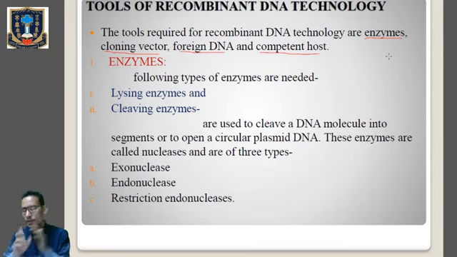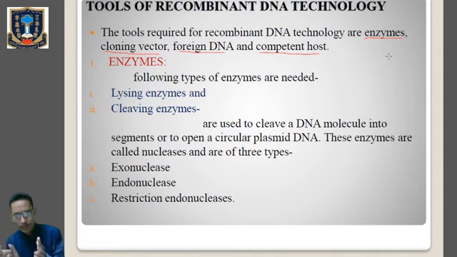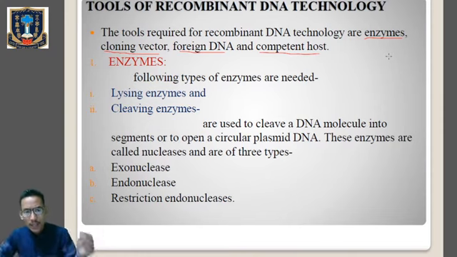You should remember, the foreign DNA has been cut by the enzymes to take out the gene of interest. Then the same enzyme was used to open the circular plasmid DNA also. These enzymes are called nucleases because they are mainly used to clip the DNA molecule.